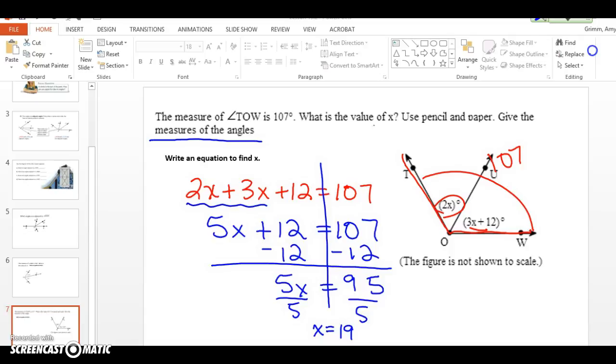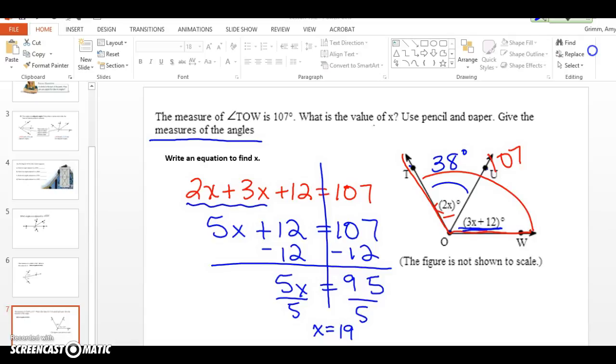Plug it back in. So what is the measure of this angle TOU? 38, right? 2 times 19 is 38 degrees. Then I need to plug it back in and find this angle.